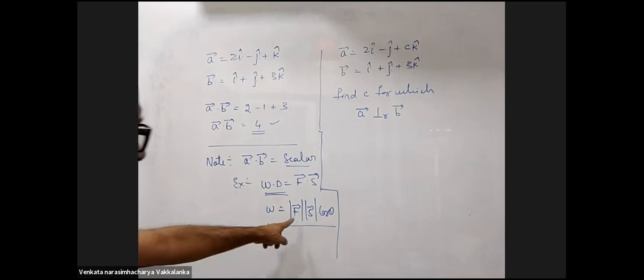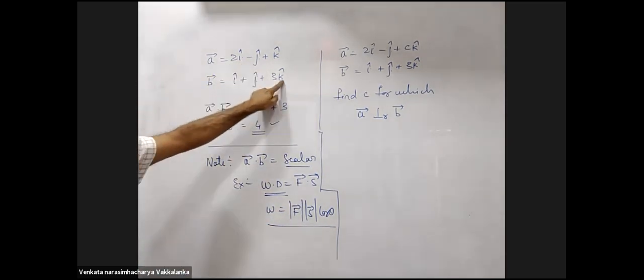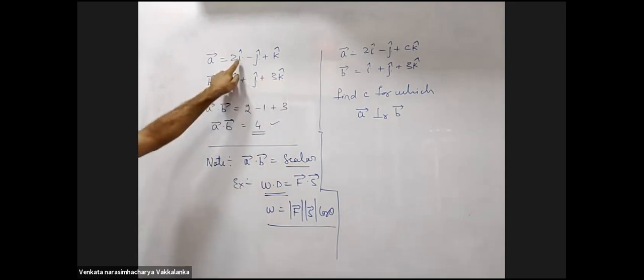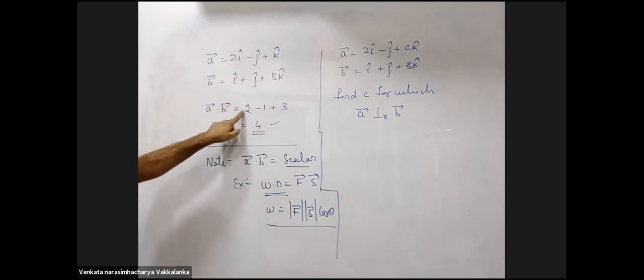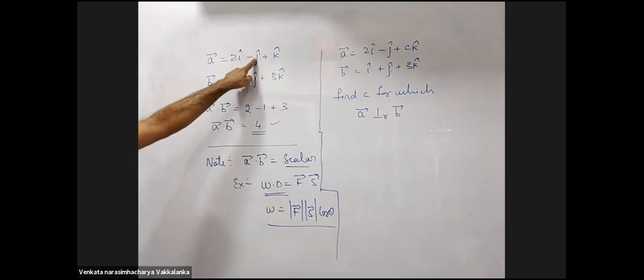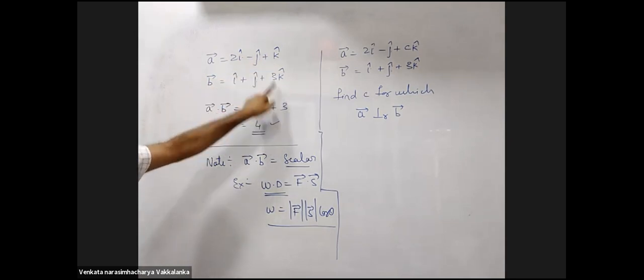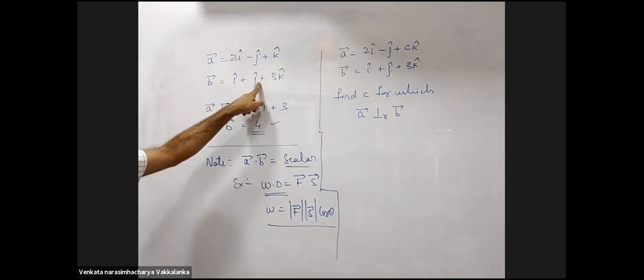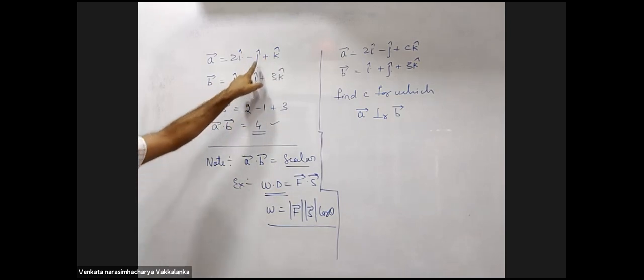I didn't use this formula. I did I dot I, I dot J. I and I direction, I know, is cos 0. I and J is 90. I and K is 90. So 2 into 1 is 2. Minus 1 into 1 is minus 1. 1 into 3 is 3. Now why didn't you take K dot J 0?